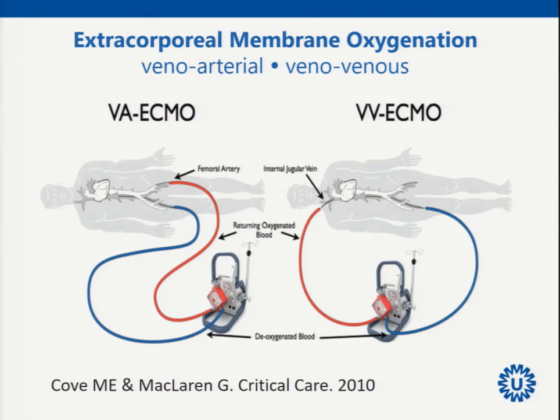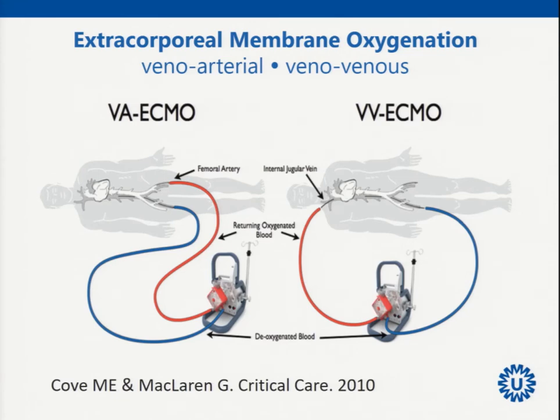Since if you give it back very close to the site where you drain, then it will go around in the circuit, and you will be not effective in terms of giving oxygenated and CO2 deprived blood to the patient. Yeah, that is very logical, I think.